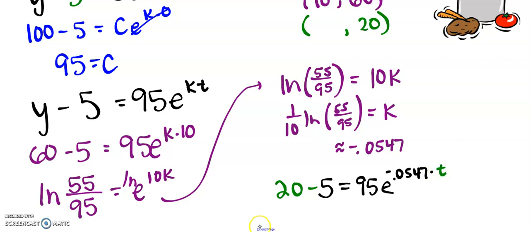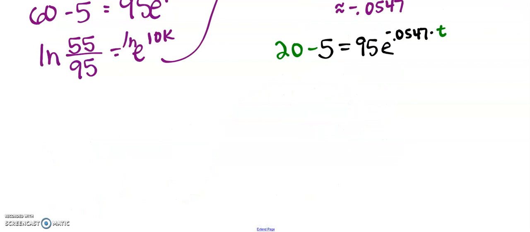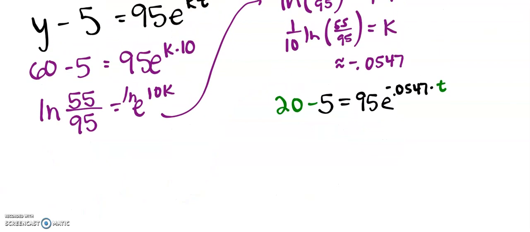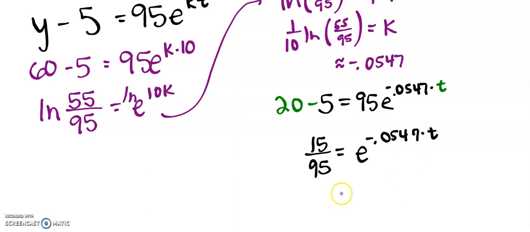So go ahead and take a second, figure out what t is equal to. We're going to round to 3 decimal places. So I'm going to help you get started. We're going to have 15 divided by 95 equals e to the negative 0.0547 times t. Take a natural log of both sides.